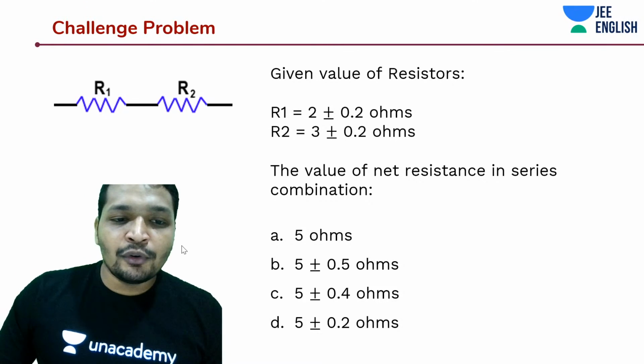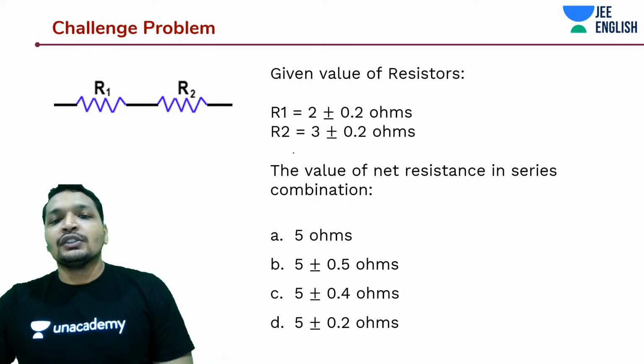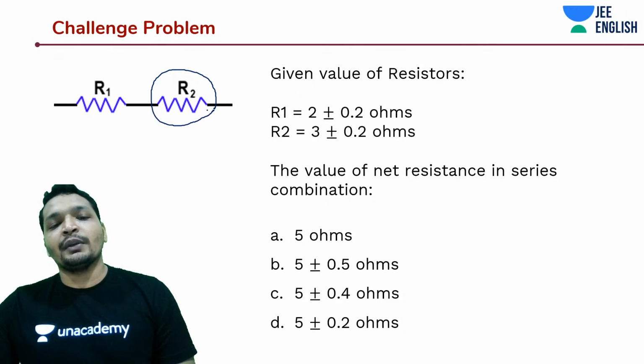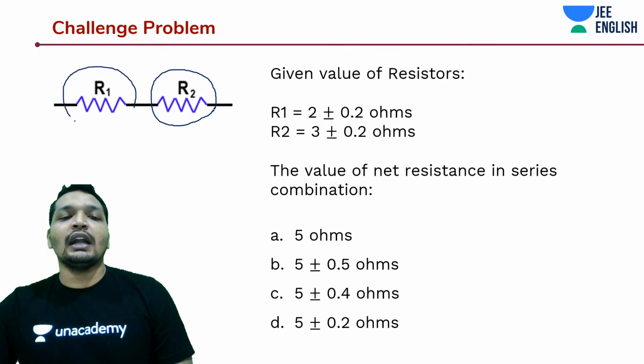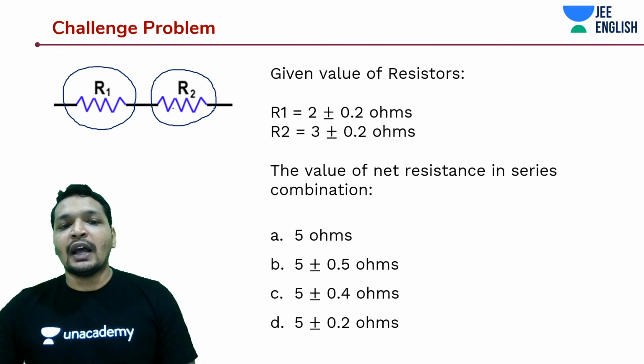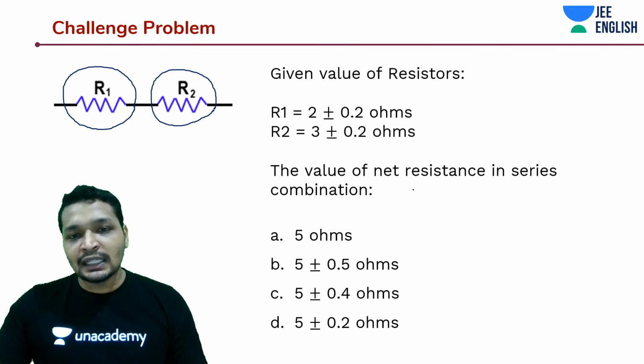This is like the most popular problem that you'll come across whenever you deal with the subject. So, given two resistors in series combination, R1 and R2. I'm just putting them in series. In series, you'll add the resistance. The value of the net resistance in series is how much?